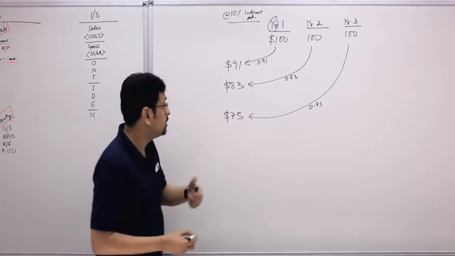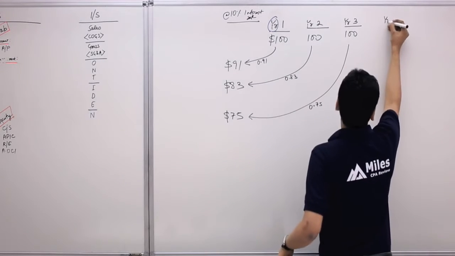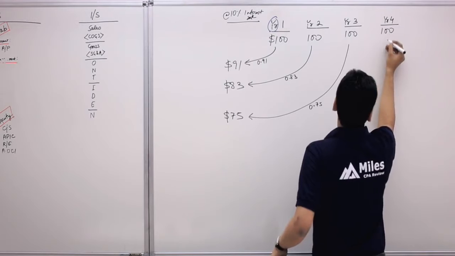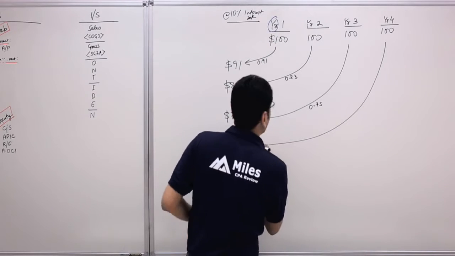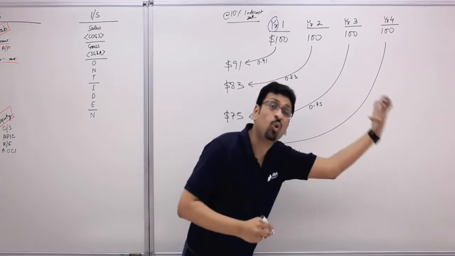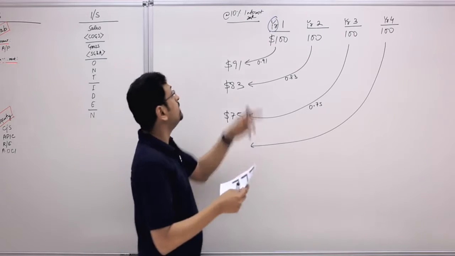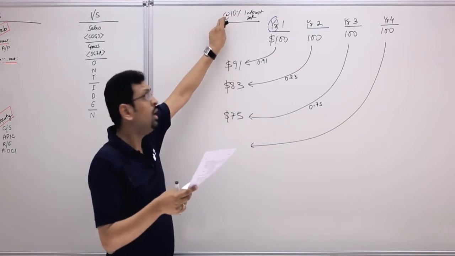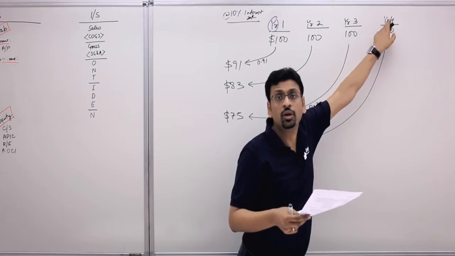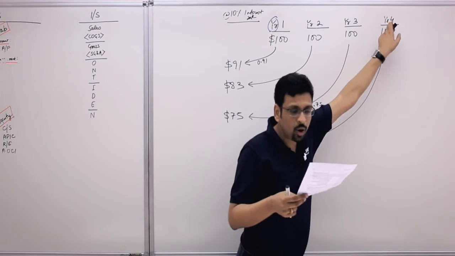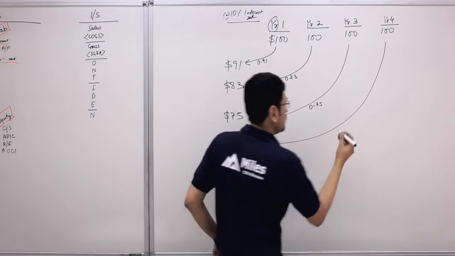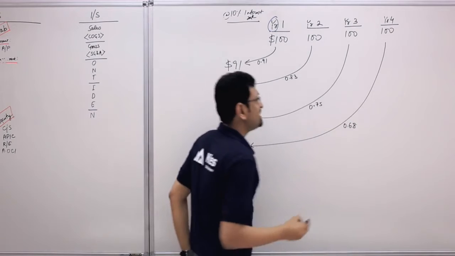Now let's move on. Fourth year. Again, $100 coming in after 4 years, long years. The present value factor, so I'm looking at the 10% column and the 4-year row, and that is 0.683. 68 cents.